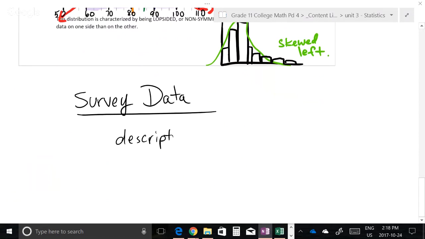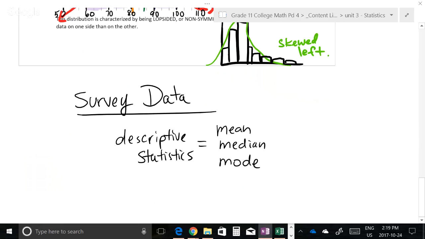And when I say descriptive statistics, what's that mean? The statistics that describe your data, what are those? Mean, median, mode, standard deviation.